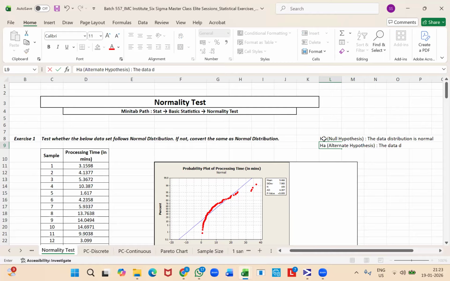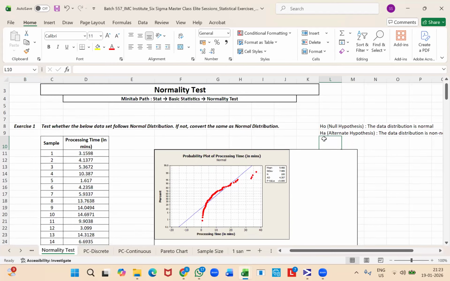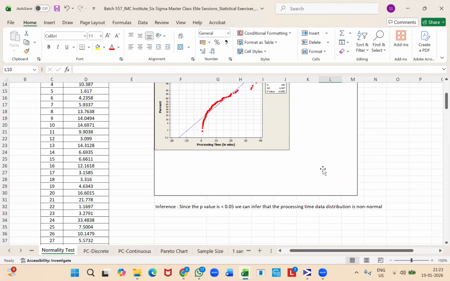That is why I told you that if the p-value is greater than 0.05, then we need to accept that the data distribution is normal. On the other hand, if the p-value is less than 0.05, the data distribution will be considered as non-normal. And this is how it is, because the null hypothesis for a normality test will always be the data distribution is normal, and the alternate hypothesis will always be the data distribution is non-normal.